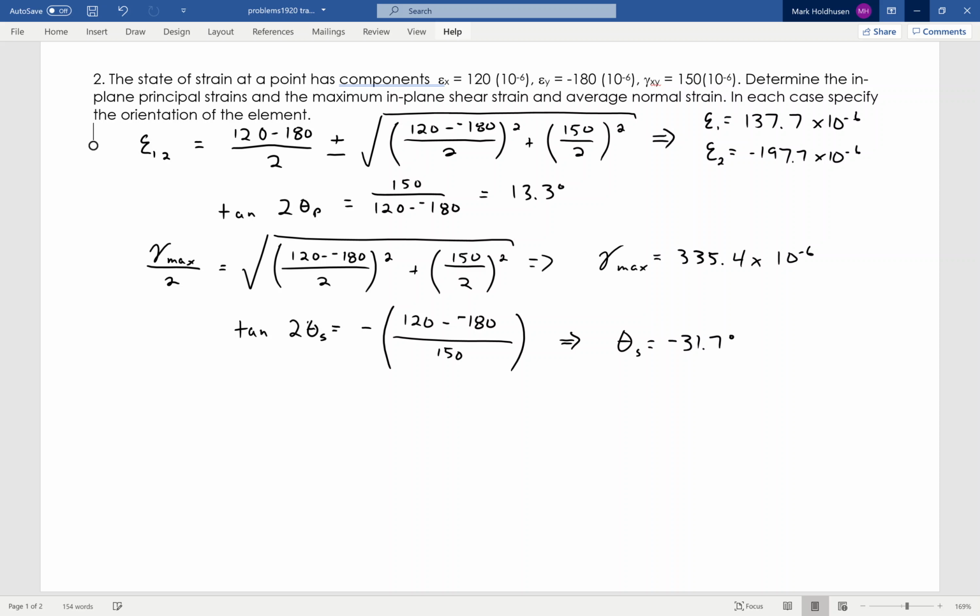So in that orientation, again, it's a 45-degree difference from what I had with my principal strains. The maximum in-plane shear strain is actually rotating down 31.7 degrees. That's where that maximum shear strain is. So again, this is just to figure out what the maximums actually are, not just what they are in the x and y direction, and then what orientation those maximums actually occur. They're pretty easy to find just plugging and chugging, but then understanding what it is we're actually finding is the trick here.